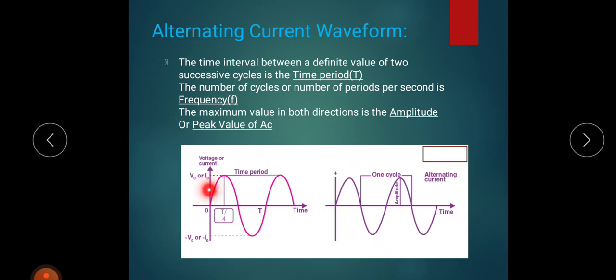The instantaneous value of current or instantaneous value of voltage is taken along the y-axis. This is the positive y-axis, which consists of the instantaneous values of current or voltage.